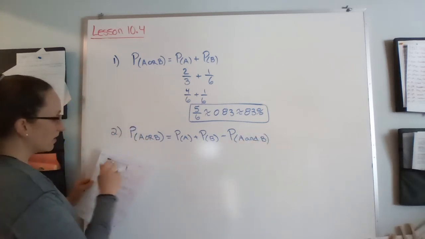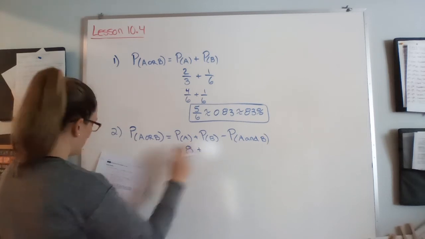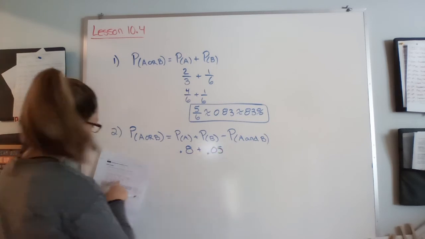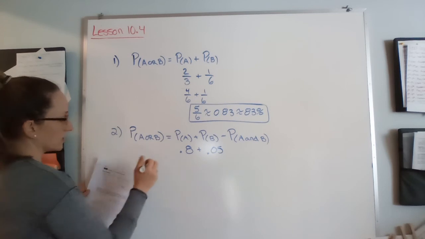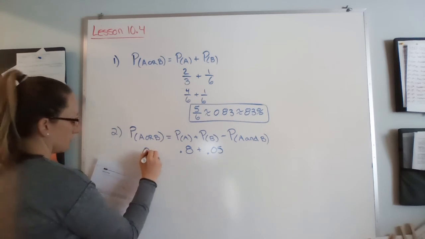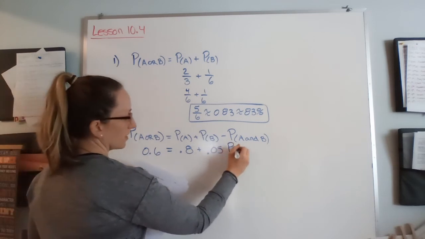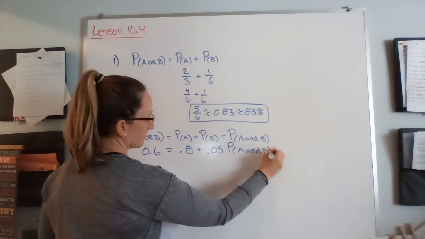We're given the probability of A is 0.8. The probability of B is 0.05. And the probability of A or B, this part here, is 0.6. So we're trying to find the probability of A and B. What is the overlap?